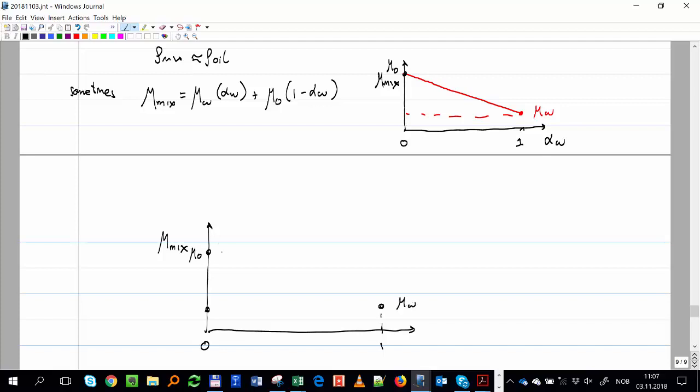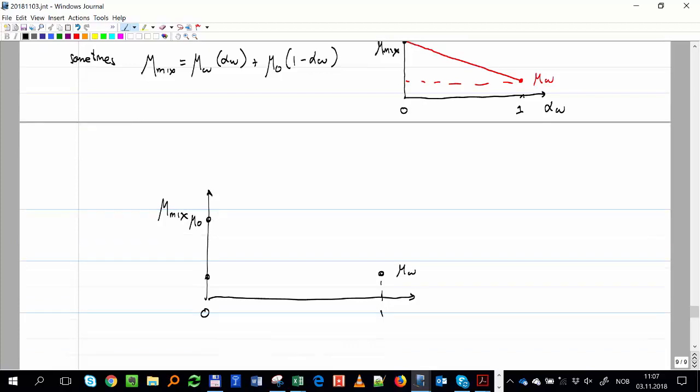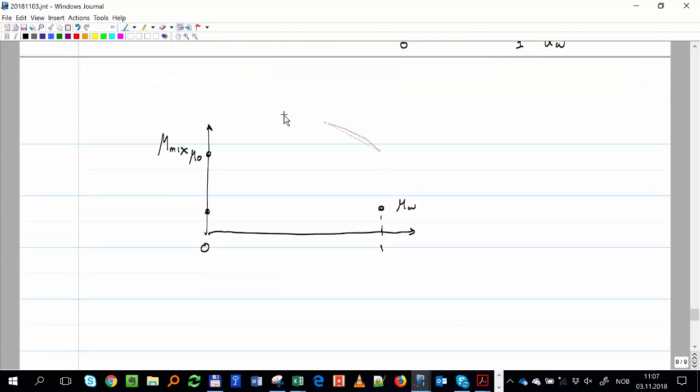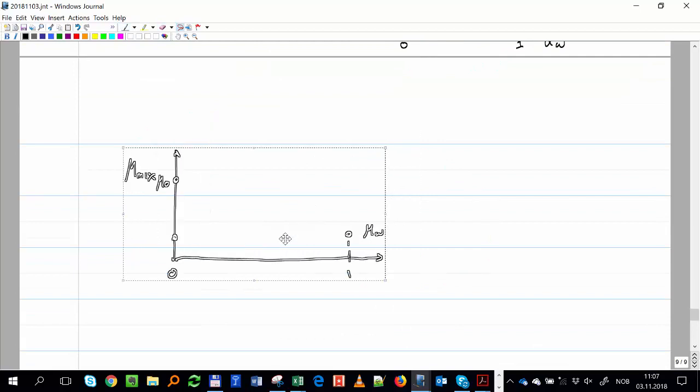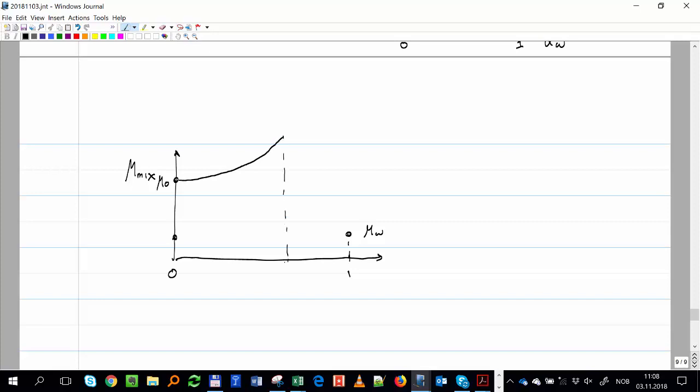But they saw that this is going to increase up to a point, and then it will decrease sharply down, which is very strange, okay? It didn't match that equation at all.